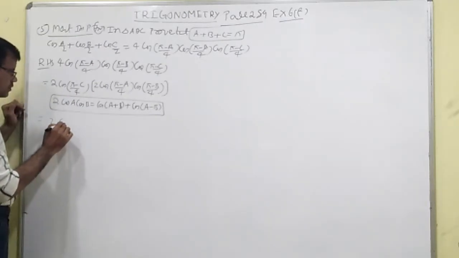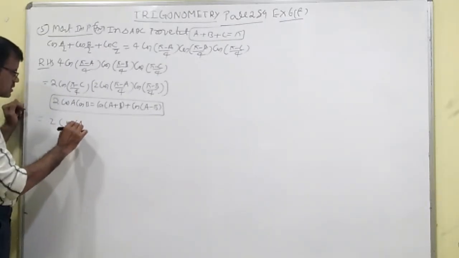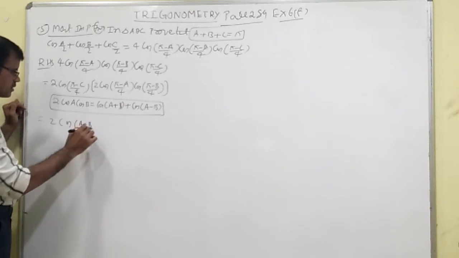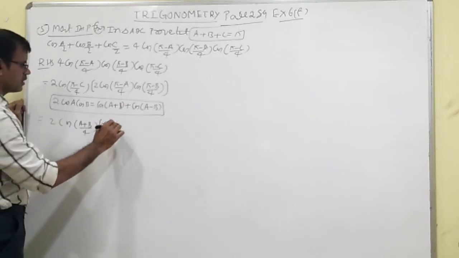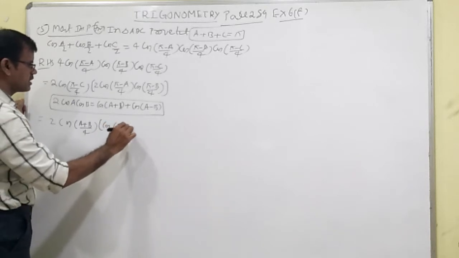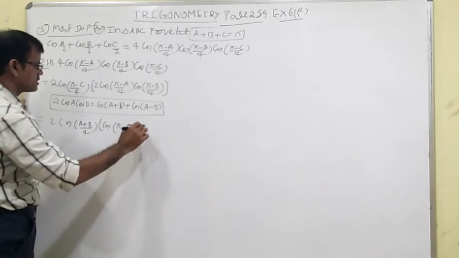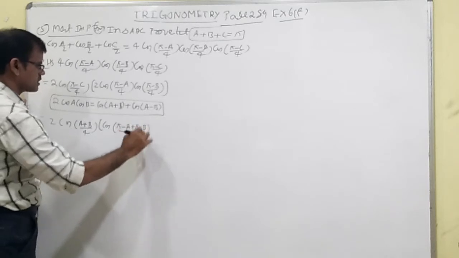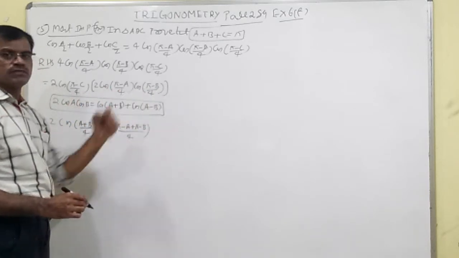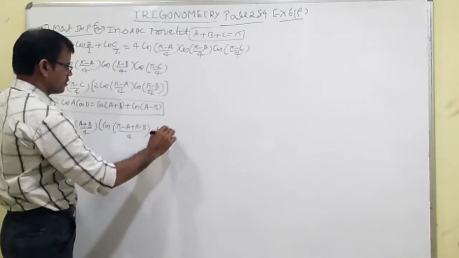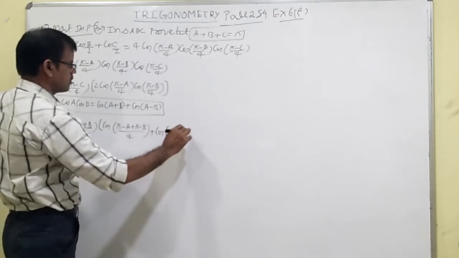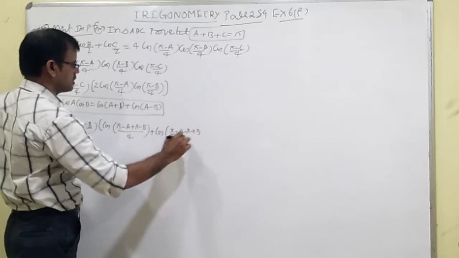Now you can apply here: 2 cos of (pi minus C) becomes A plus B, into, applying the formula, cos of ((pi minus A) plus (pi minus B)) by 4. Cos of A plus B means this full A plus B, plus cos of ((pi minus A) minus (pi minus B)) by 4.